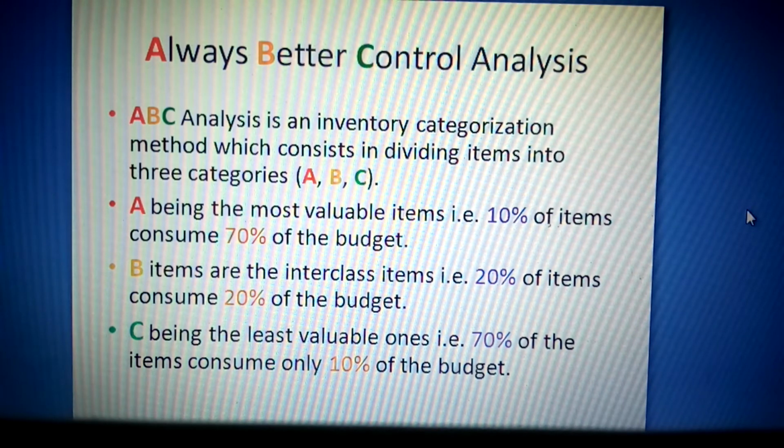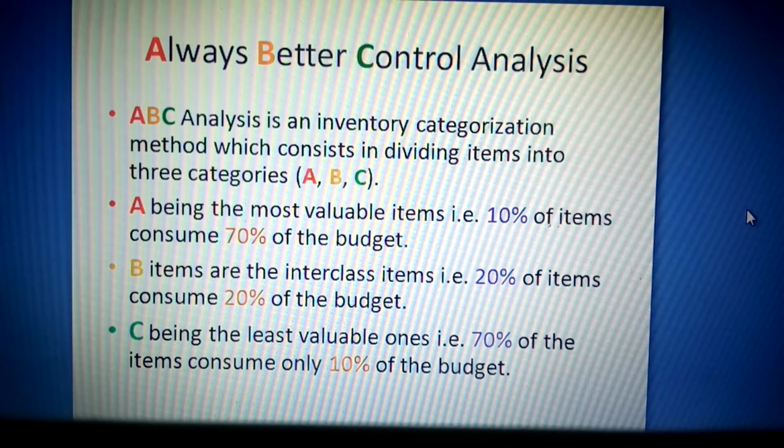Similarly, B items are the interclass items, that is 20% of items consume 20% of the total budget. Means suppose you have a list of 100 items, then 20 items consume 20% of the total budget. And all these items lie in B category, or you can say B items.